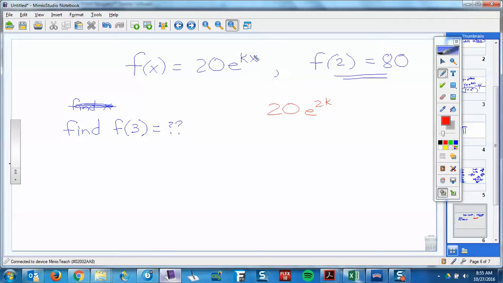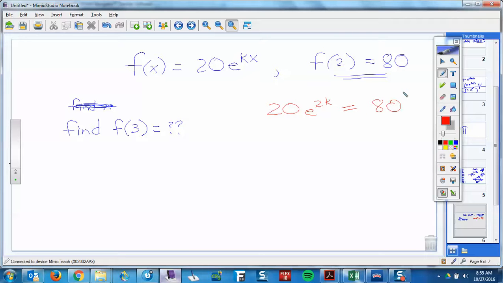I don't think you want to write k2, because it might look like k squared. K times 2 would be 2k, equals 80, right? f of 2 is 80. So 20e to the 2k would have to equal 80.